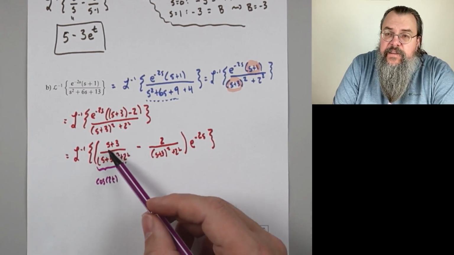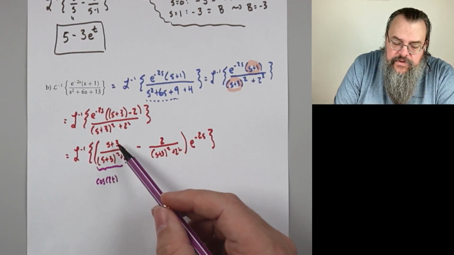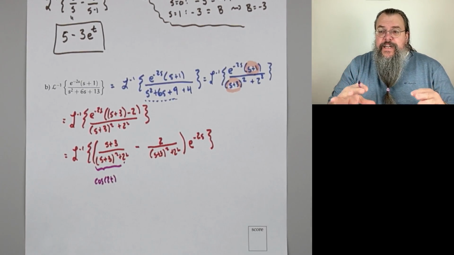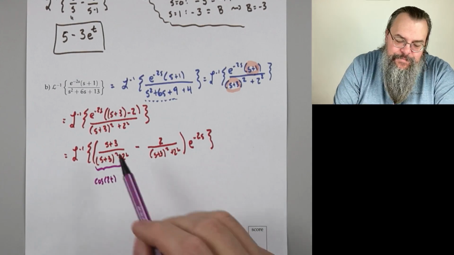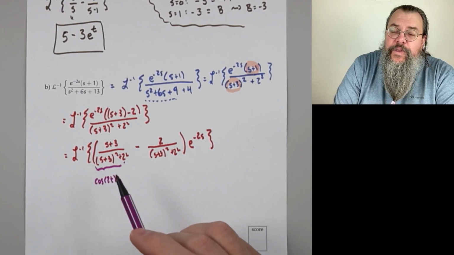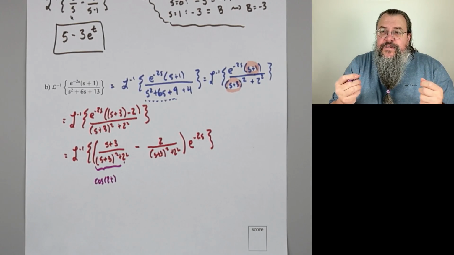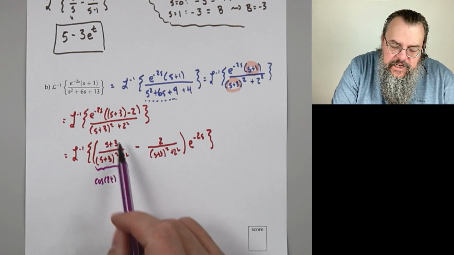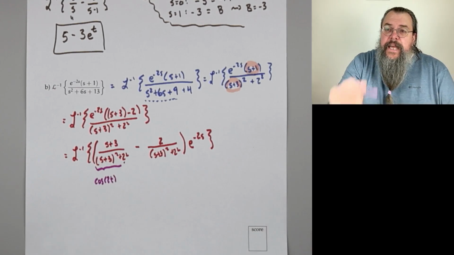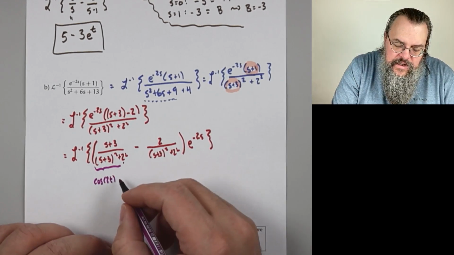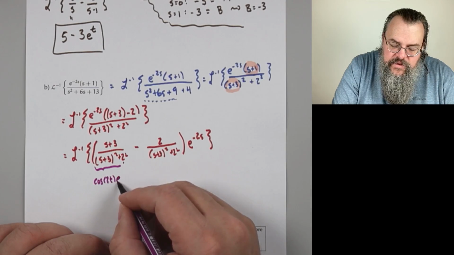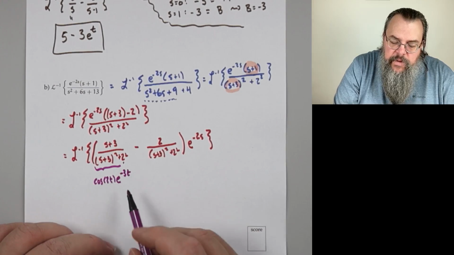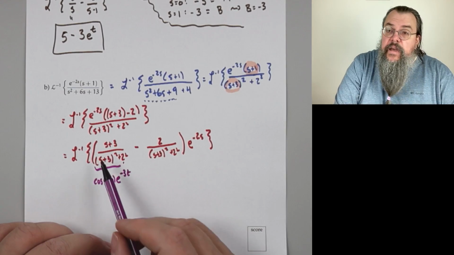But what about the s plus 3? If there was just s over s squared plus 2 squared, yes, cosine 2t, perfectly right. But there's a plus 3 there. Well, that is a shift of sorts. And that shift corresponds to an exponential on the inverse Laplace. So an exponential of e to the minus 3t. Minus 3 because s plus 3 is s minus minus 3.